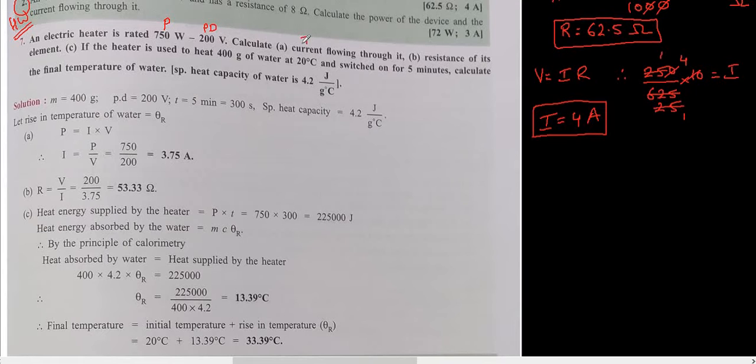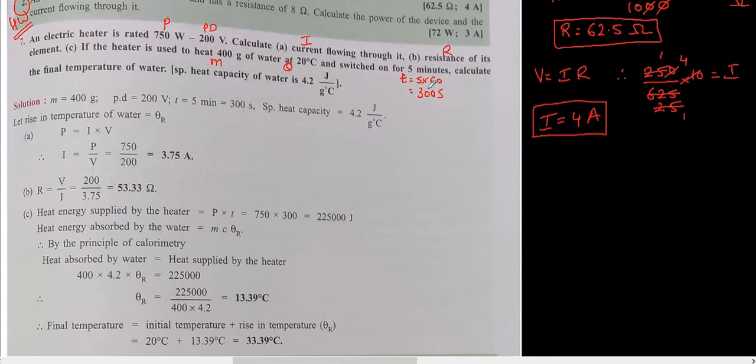Calculate the current I, so we have to find out I, and the resistance of the element, so we have to find out R. If the heater is used to heat this much gram of water, that means it is mass, at temperature theta, so we are using theta for 20 degree centigrade temperature, and switched on for 5 minutes, that is time. So 5 multiplied by 60, that is going to be what?